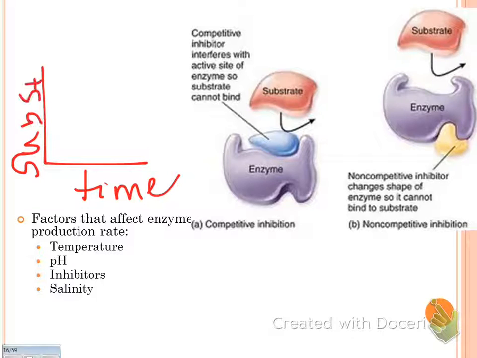Okay, so let's say the red is normal. That's how fast amylase works normally. So if the pH is wrong, it's the blue line. pH, temperature, or salinity is wrong.